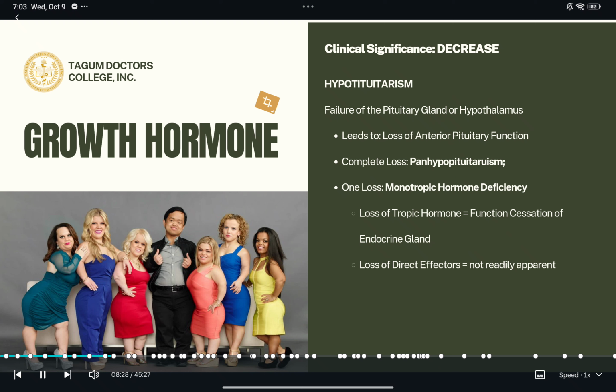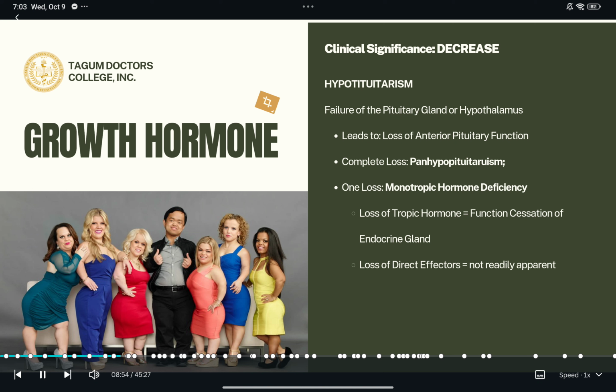Okay. In terms of clinical significance, it is decreased in hypopituitarism. Hypopituitarism is failure of the pituitary gland or hypothalamus, and this usually leads to loss of anterior pituitary function. If it's a complete loss, it's called panhypopituitarism.